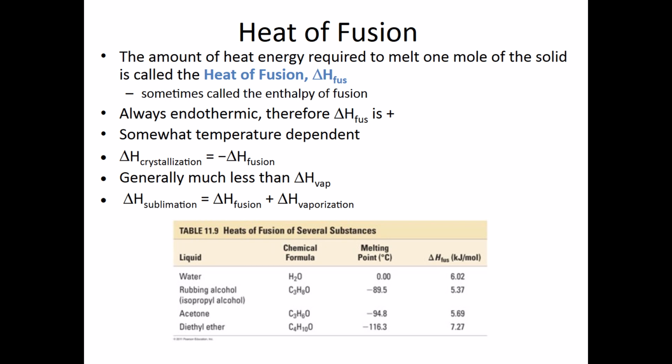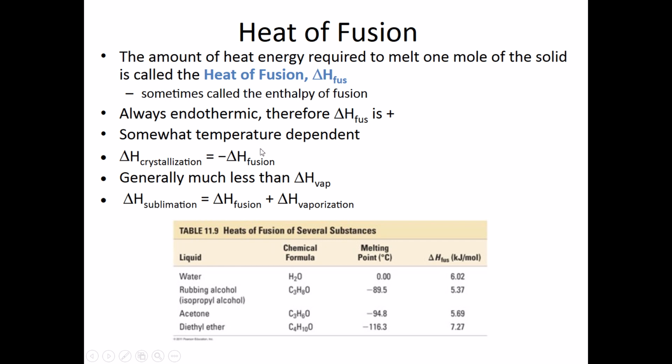Alright, so our heat of fusion, or enthalpy of fusion, delta H fusion, is our endothermic process. So just like enthalpy of vaporization, it will be a positive value. It changes slightly with temperature, not huge changes. And it is the opposite of our crystallization or freezing.